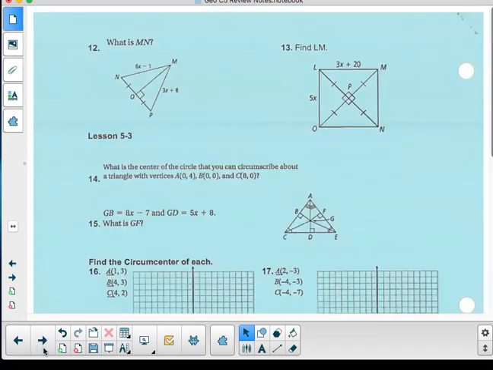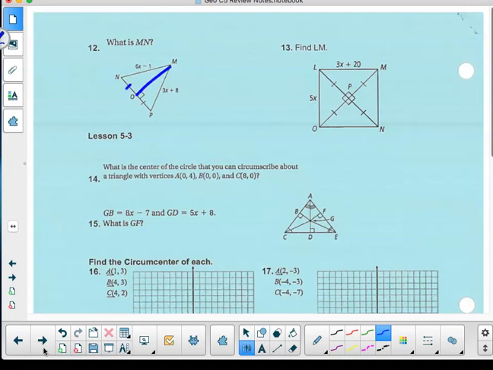Now on page 2, we're looking at what is MN. Now this is the perpendicular bisector theorem. I have something that's perpendicular, it's cutting this segment in half. The distance back from the endpoints on the perpendicular bisector is always the same. So I know 6x minus 1 and 3x plus 8 are the same.